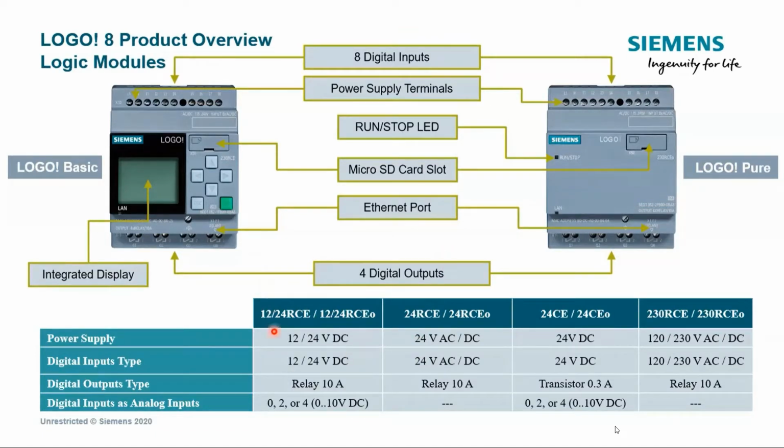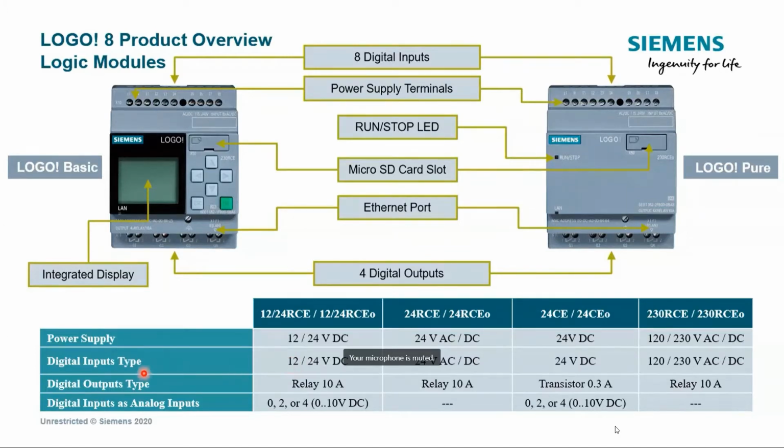That's why we have 8 different variants. And the first one is the 1224 RCE. This one you can power on by supplying 12 or 24 volt DC, and you will notice that digital inputs always follow the power supply type and rating.